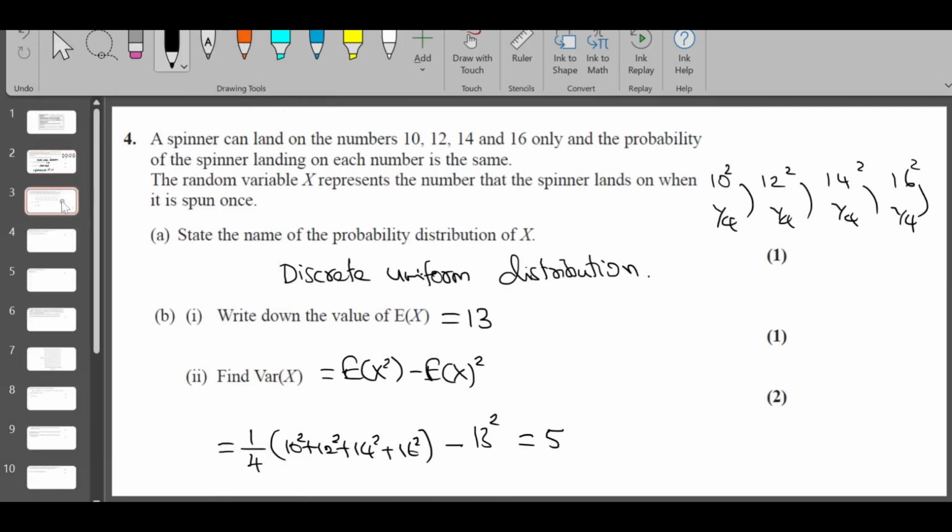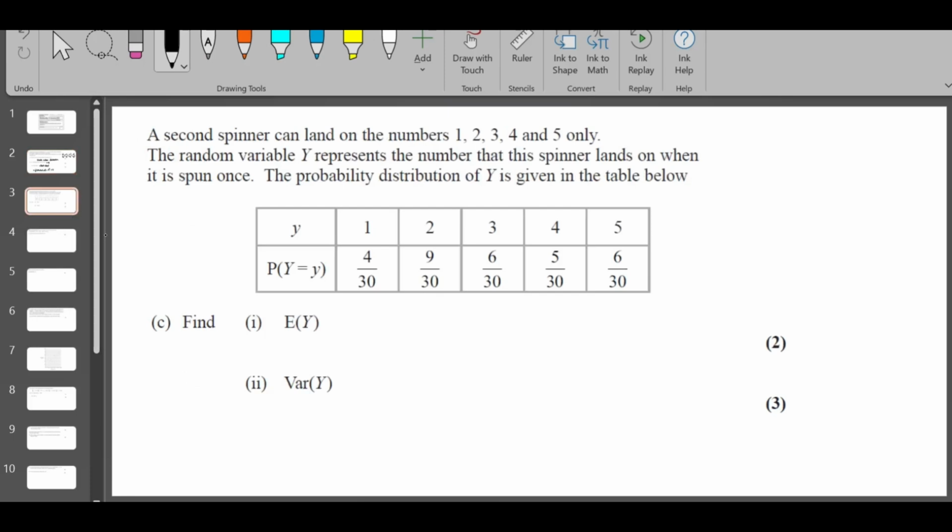Let's move on to part B of the question. A second spinner can land on these numbers 1, 2, 3, 4, 5, and the corresponding probabilities are given here. Find E of Y. You need to apply the formula sigma Y times P of Y. So you get 1 times 4 over 30, and you need to show the working, 2 times 9 over 30.